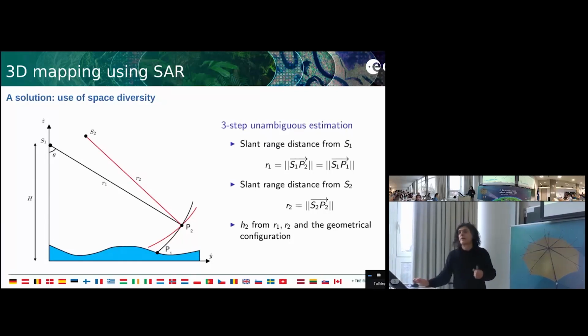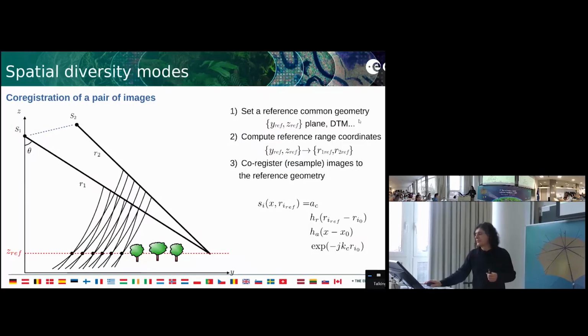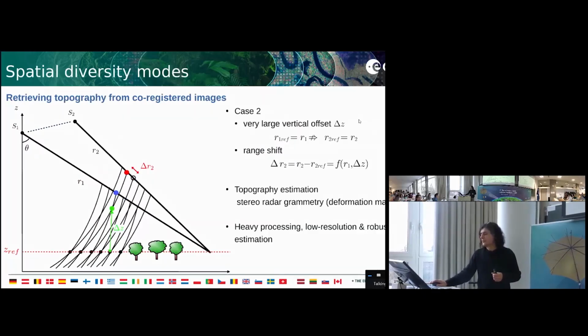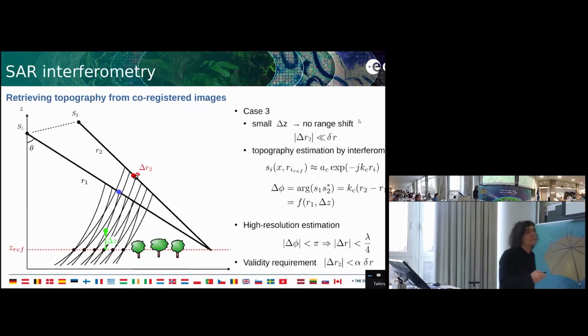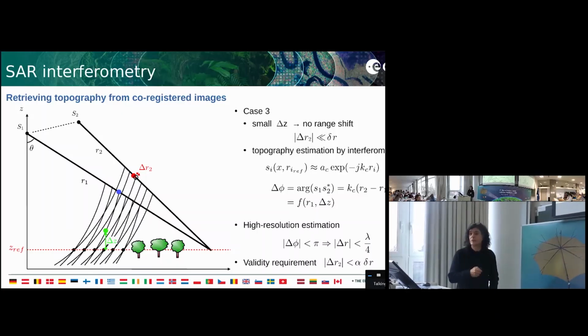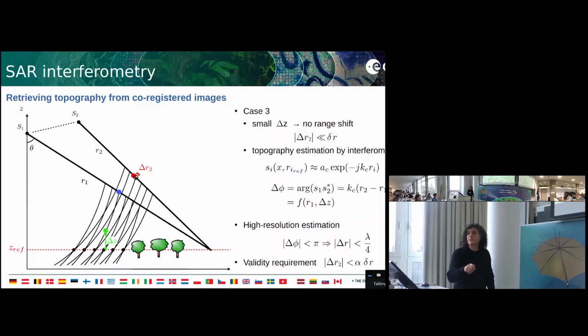Okay? I go over all the details we mentioned yesterday to go to this configuration where we have 2 images acquired from slightly different positions, and they are co-registered onto a common geometry. This is essential, okay?